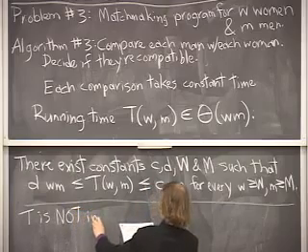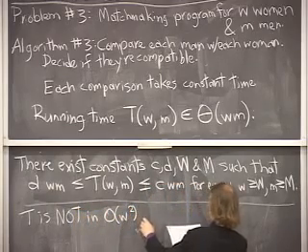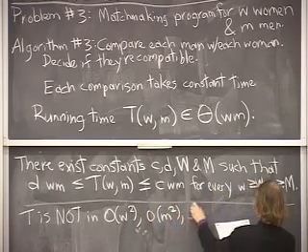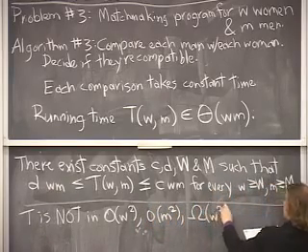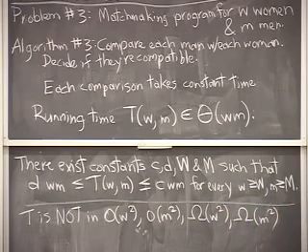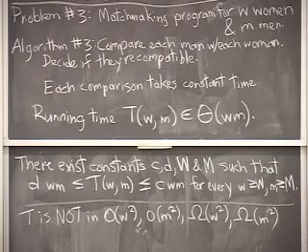The main thing I want to impress on you is that this function T is definitely not in big O of W squared, for instance, or big O of M squared, or big omega of W squared, or big omega of M squared, or all kinds of other things that depend only on W or only on M. These functions are really incomparable with each other.